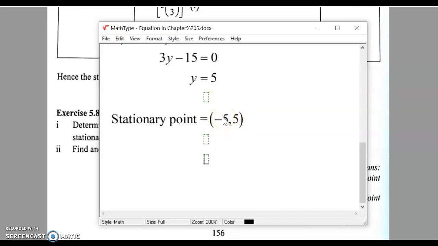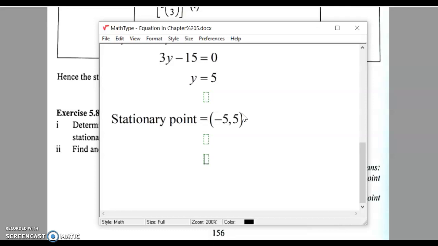Okay, so we have already figured out this stationary point, and the next thing to do is to find out the nature of that stationary point, whether it is a kind of turning point, or maybe it is just a saddle point, an inflection point. To find out the nature, again, we are going to use the Hessian function. To calculate the Hessian, we first need to prepare all of the second partial derivatives.